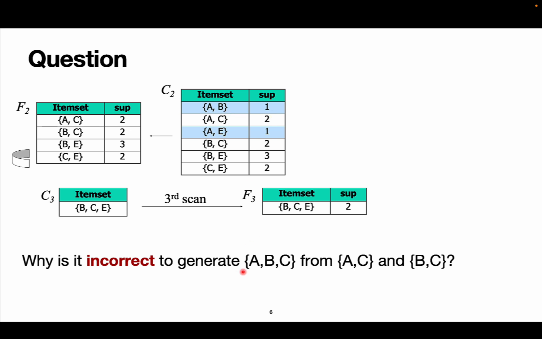AB is a subset of ABC, which means given the downward closure property, if a subset of a bigger set S is infrequent, that means the bigger set is infrequent. That's why we don't need to even look at anything that does not share a prefix.